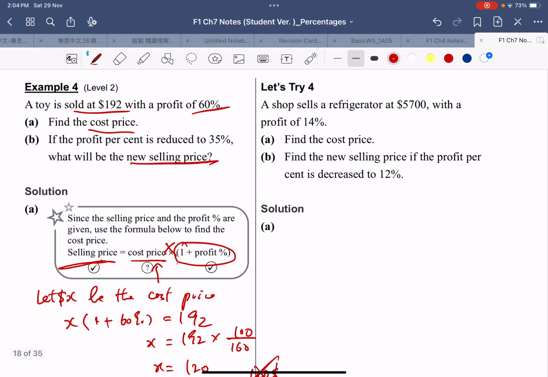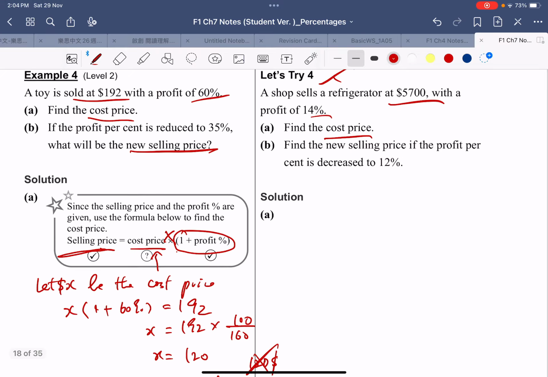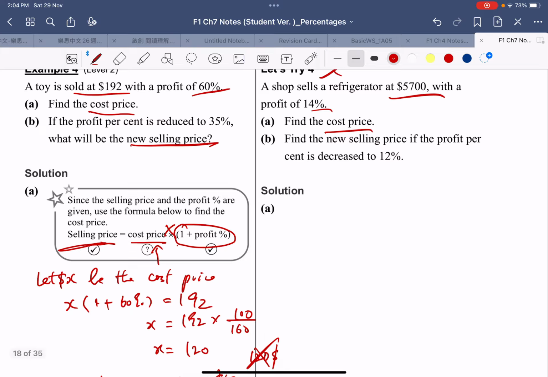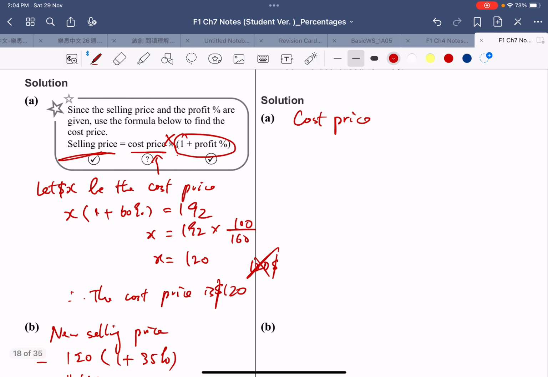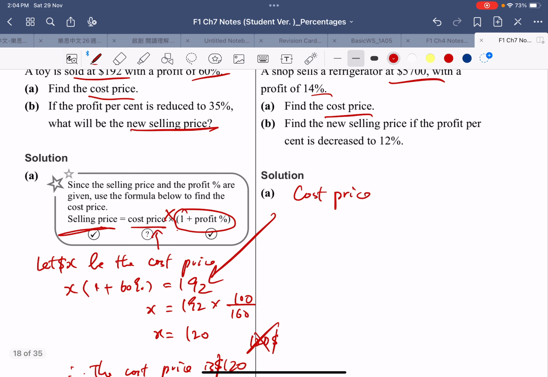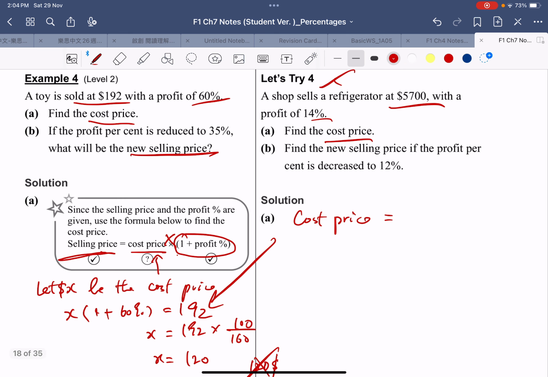Let's try 4. Sells the refrigerator at this amount with a profit. Find the cost. Now you can very quickly get the cost, because according to this, the x is just 192 divided by 1 plus 60%, right? So the cost is, try to do this without letting anything.